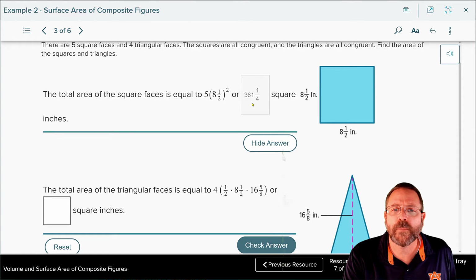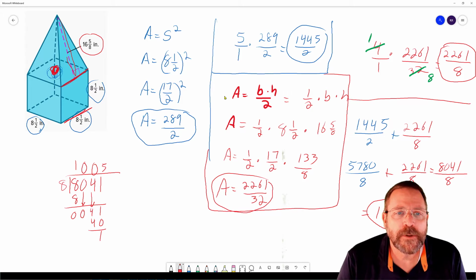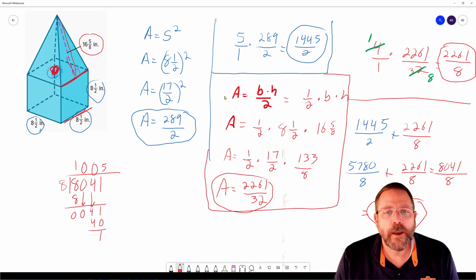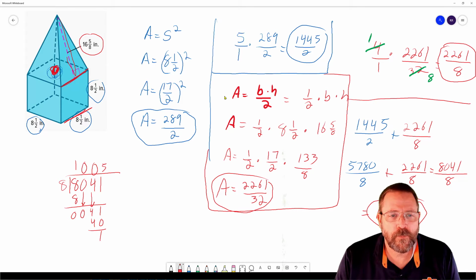That concerns me. The total area of the 5 squares. Let me check on that. Hold on. I found my mistake. Going way back in our Wayback Machine to the very first problem we worked, my mistake is right there. I squared the 17, but I did not square the 2.